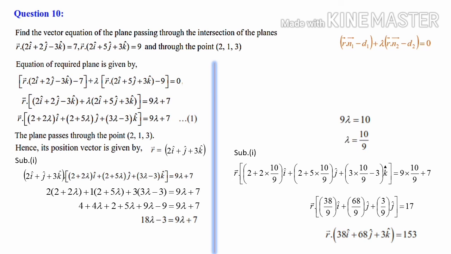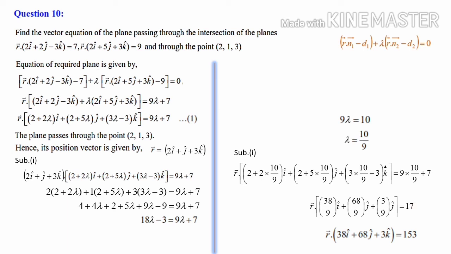Here 2 into 9 is 18, 18 plus 20 is 38 by 9 i cap. Then 9 into 2 is 18, 18 plus 50 is 68 by 9 j cap. Then 9 into 3 is 27, 30 minus 27 is 3, so 3 by 9 k cap, equal to, the 9s cancel, 10 plus 7, that is 17.